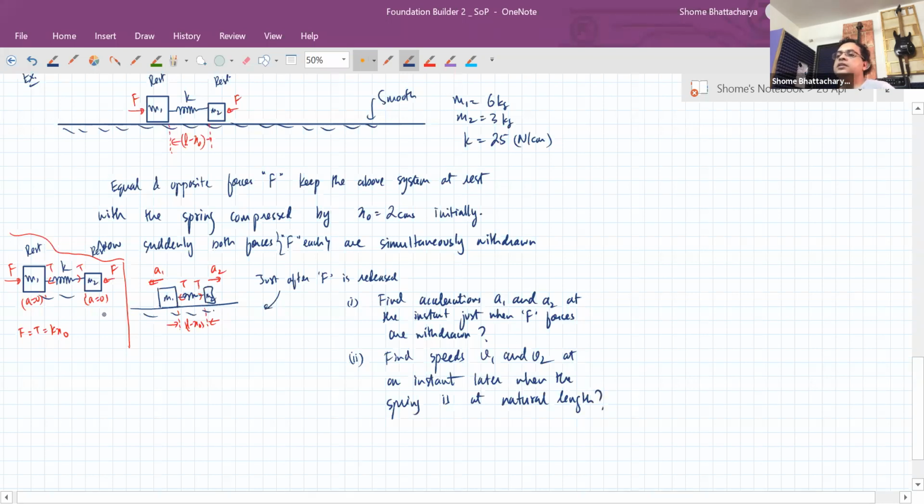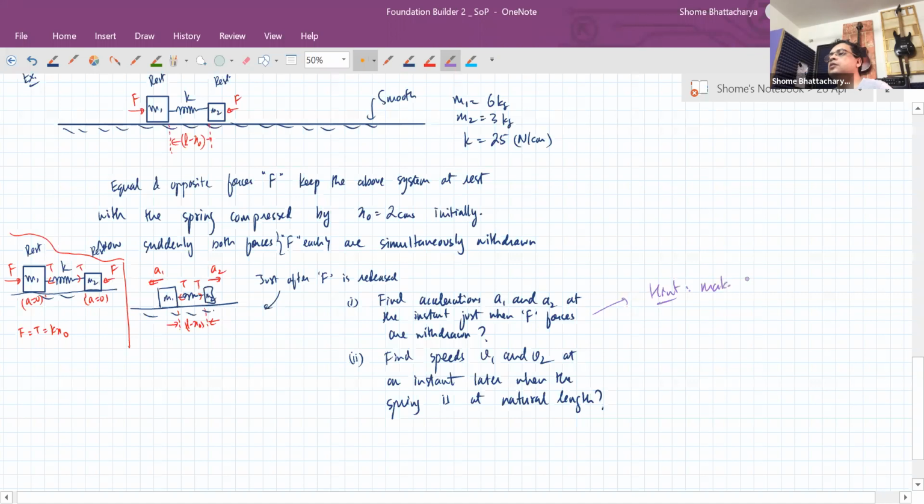Initially the spring is compressed, but by the time the spring relaxes back to natural length, the two blocks would have picked up some momentum because of the force that the spring is continuously applying on them in opposite directions. Or each block would have gained some kinetic energy because the spring would have released its potential energy. So how much is the individual speed of each of the blocks? We have to find it in meters per second, and the first answer we have to find in meters per second square.